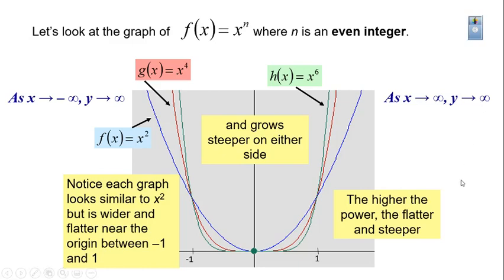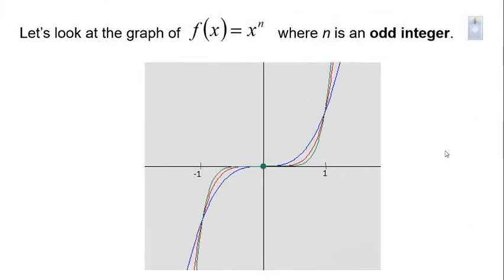Now let's talk about what the graph of f(x) = x^n, where n is an odd number, looks like. When n is an odd integer, the graph is rising on the right side and falling on the left side. The graph is still flat between -1 and 1 for the same reason that it was before, and the graph is also getting steeper to the right of 1 and to the left of -1. But negative inputs give you negative answers, and positive inputs give you positive answers.